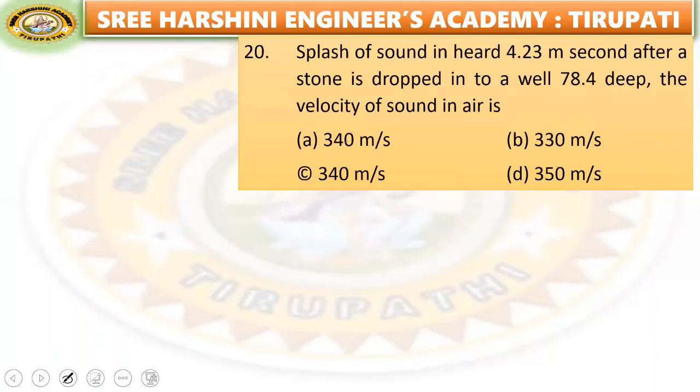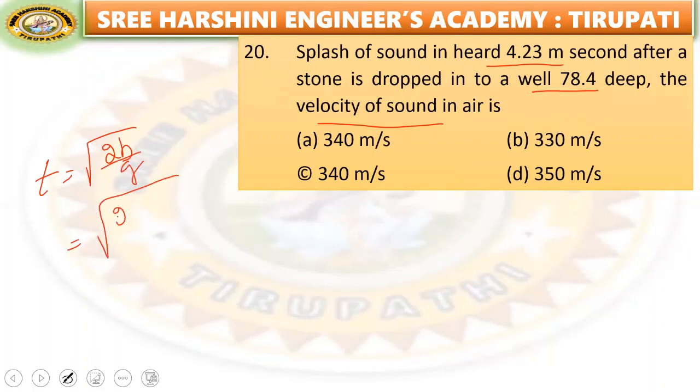The splash of sound is heard 4.23 seconds after a stone is dropped into a well 78.4 meters deep. The velocity of sound in air is? The time of descent of the stone, T, is root 2h by g. Substituting the values, root 2 into 78.4 by 9.8, it becomes 4 seconds.